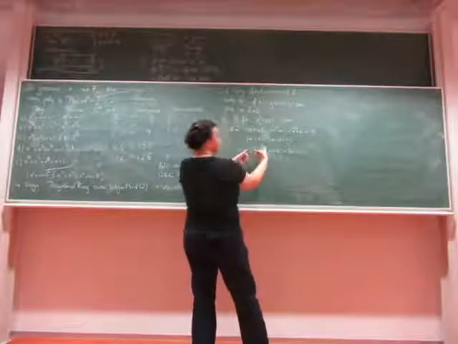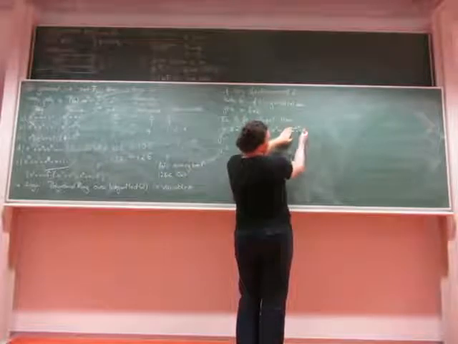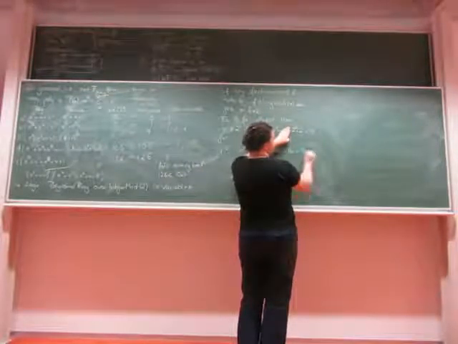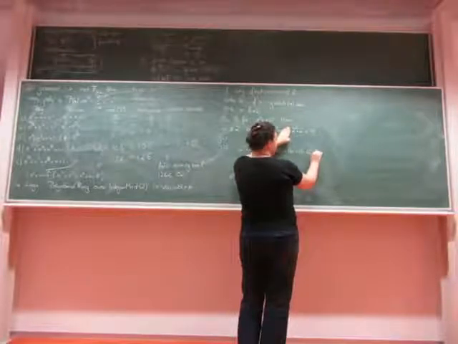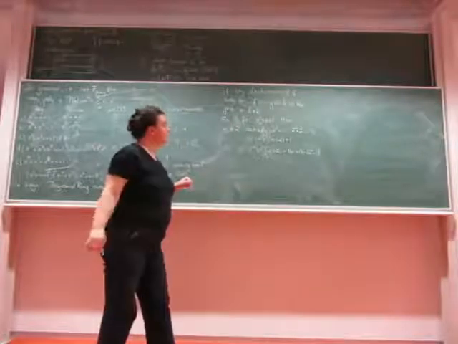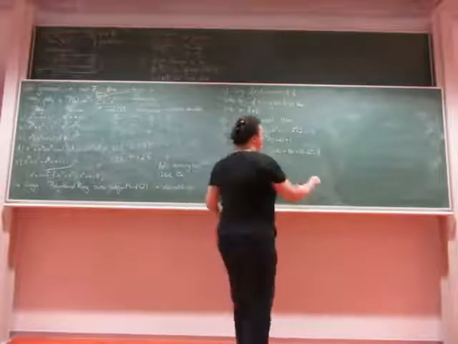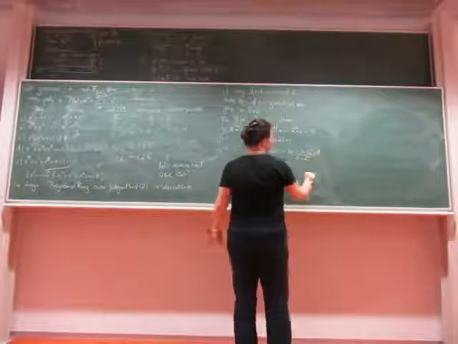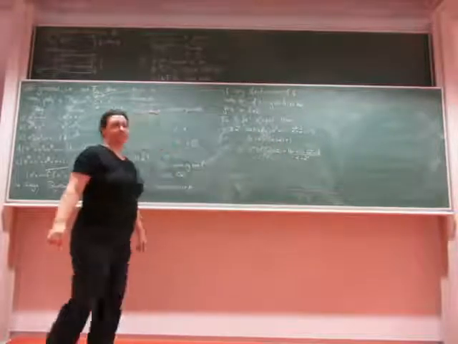And then alpha bar squared, well, if this thing is 0, then alpha bar squared on this side is equal to alpha bar plus 1. That's now the numerator. And then the denominator is alpha plus alpha bar. Okay, what's that?